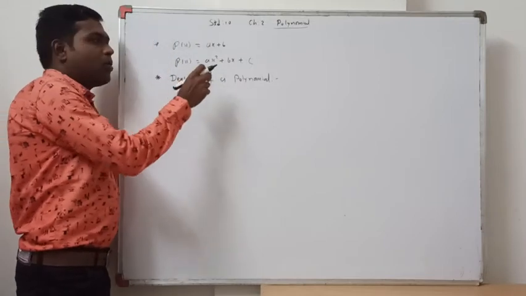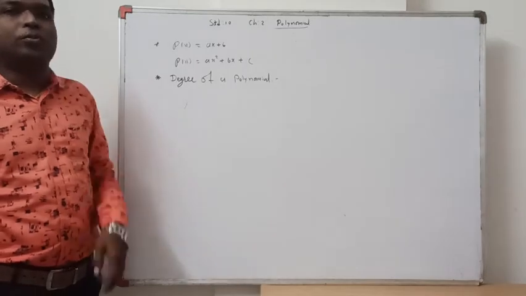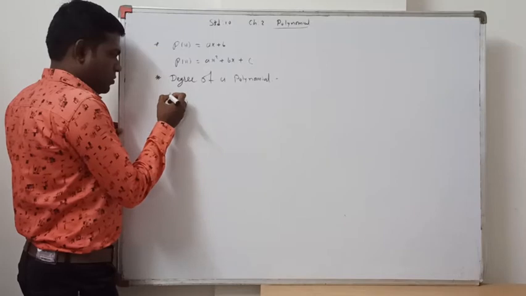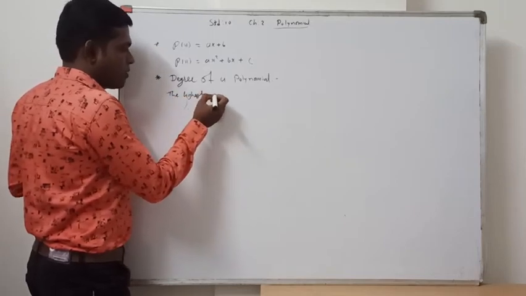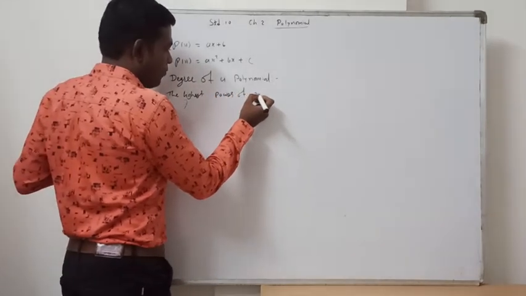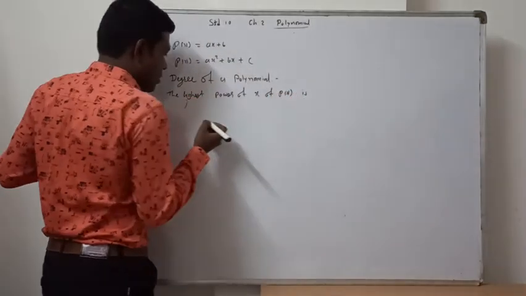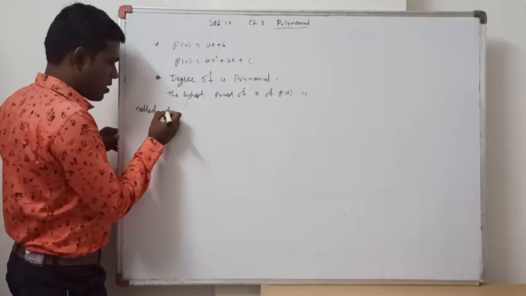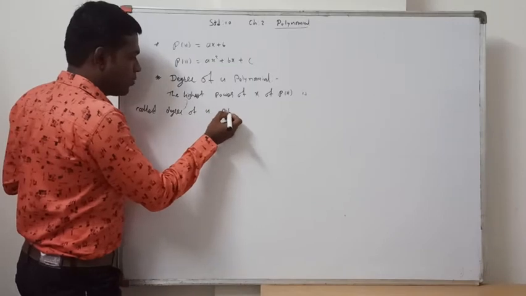The highest power of x in p(x) is called the degree of that polynomial. The highest power of x of p(x) is called the degree of a polynomial.